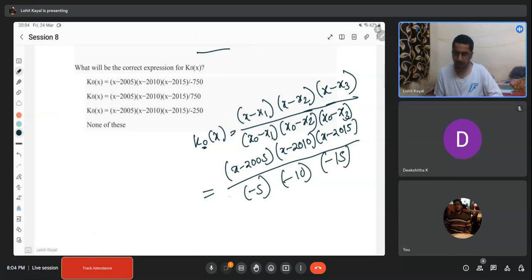So in the denominator it will be minus 750, and the numerator will be this. So option A is the correct option.